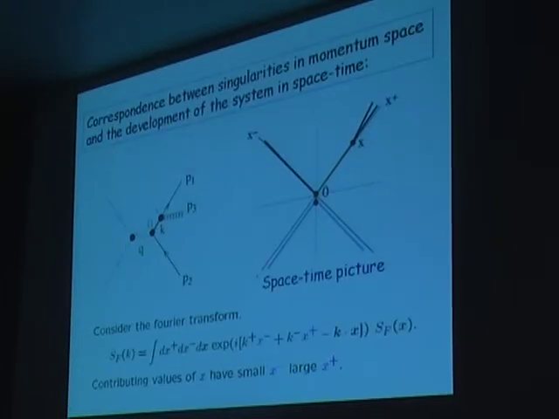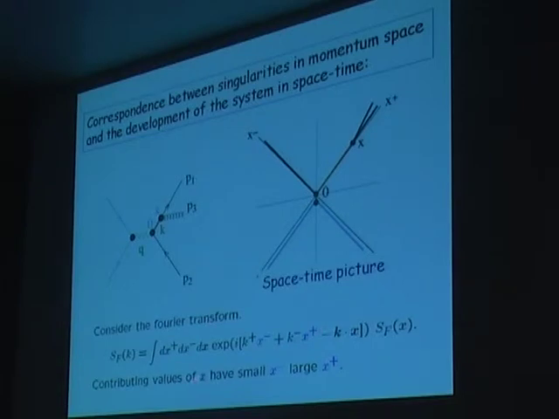In this space-time picture, when two particles come in and scatter, near the singularities you take the Fourier transform here.